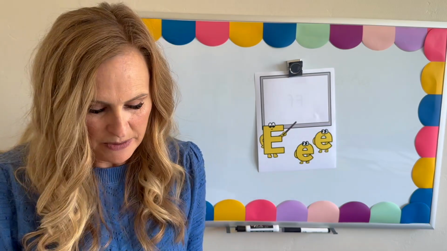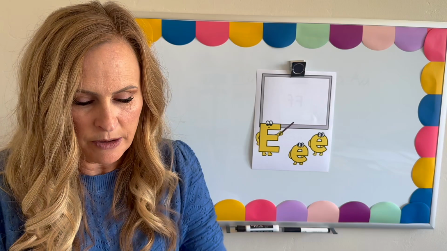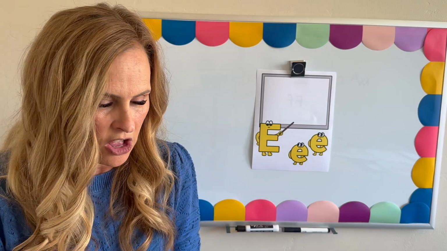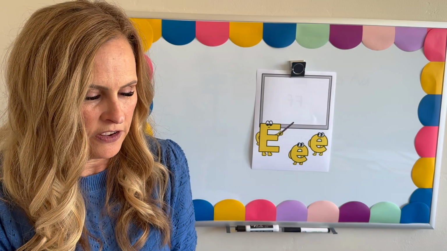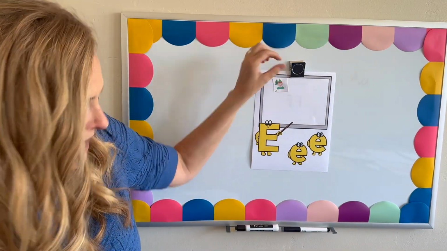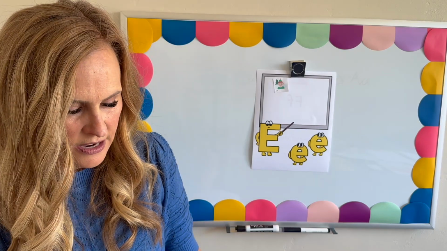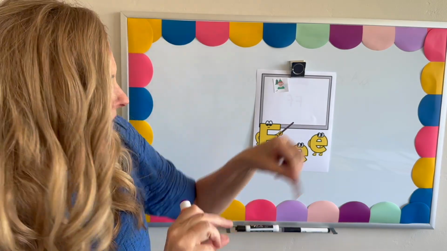Okay, friends, we have our whiteboard here with no pictures on it, but good thing you just cut out all the pictures. First, let's put on our elf. E says eh, like elf. E says eh, like egg.